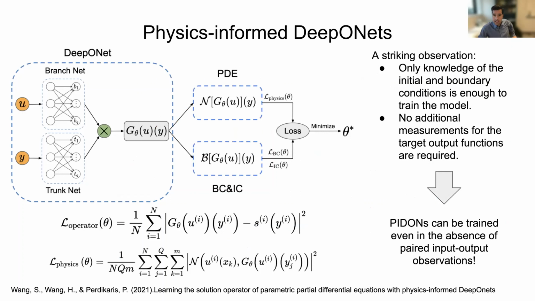order to train those physics-informed DeepONet models, we don't even need to have measurements of the output functions inside the computational domain. In other words, having measurements that only reside at the boundaries of the domain would be sufficient for us to train those models, which is quite surprising because in this particular case, if somebody gives us a set of, let's say, ODEs or PDEs with a given initial or boundary condition that makes the problem well posed, then we do not need any additional data.